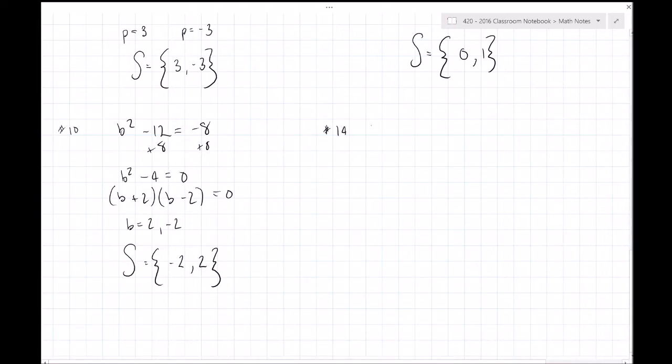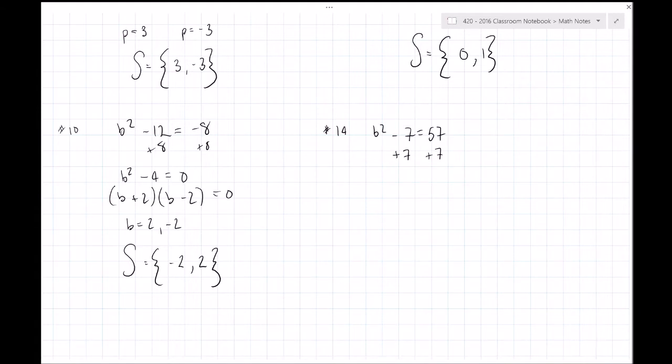14, b squared minus 7 equals 57. We're going to solve this by taking square roots. So we have to add 7 to both sides. So you notice here we're deviating from our sort of standard of setting it equal to 0. But that's because we notice that there is no middle term here.